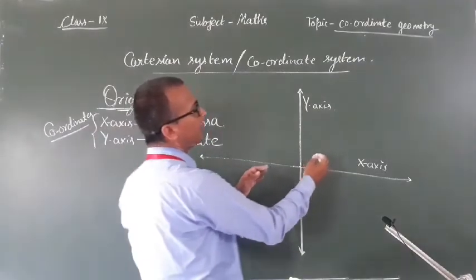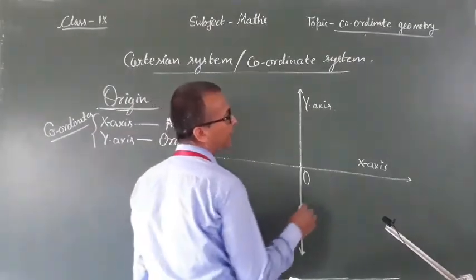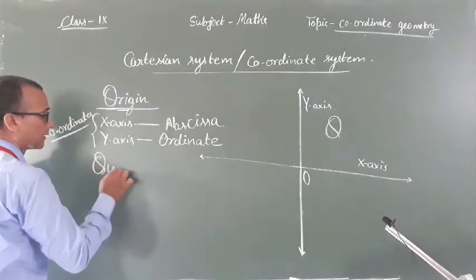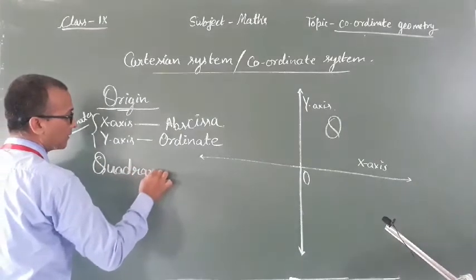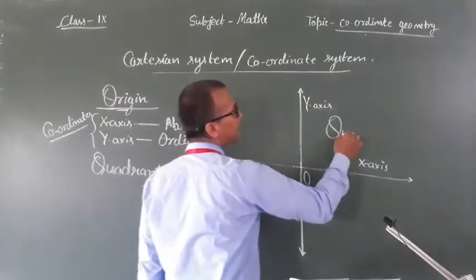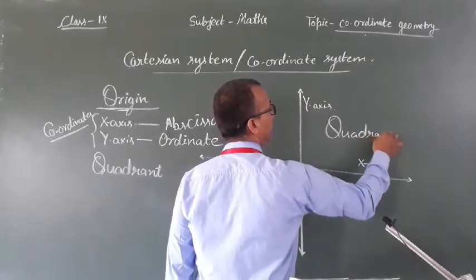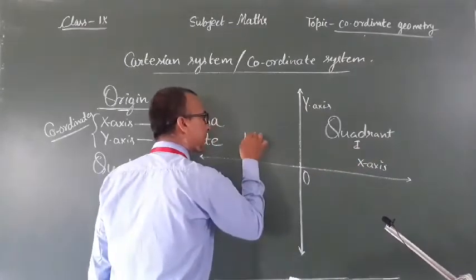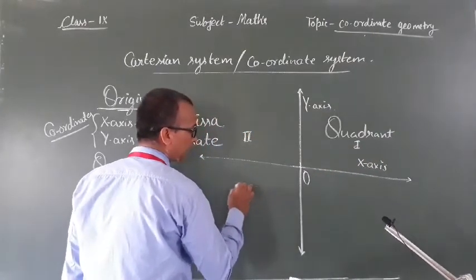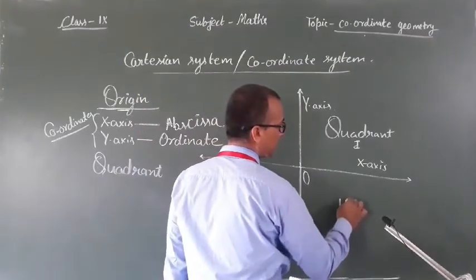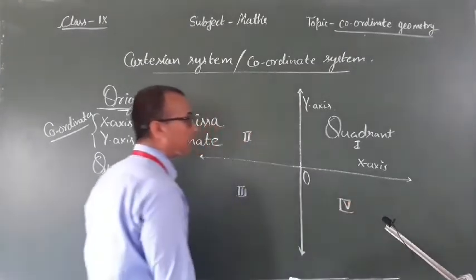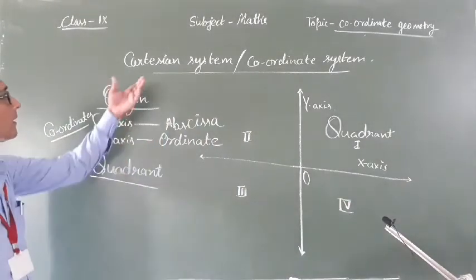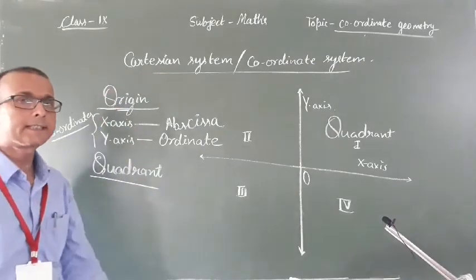These abscissa and ordinate divide the plane into 4 parts. Each part is known as a quadrant. Here is the first quadrant. Here is the second quadrant. Here is the third one, and here is the fourth one. These are the terms of the Cartesian system.